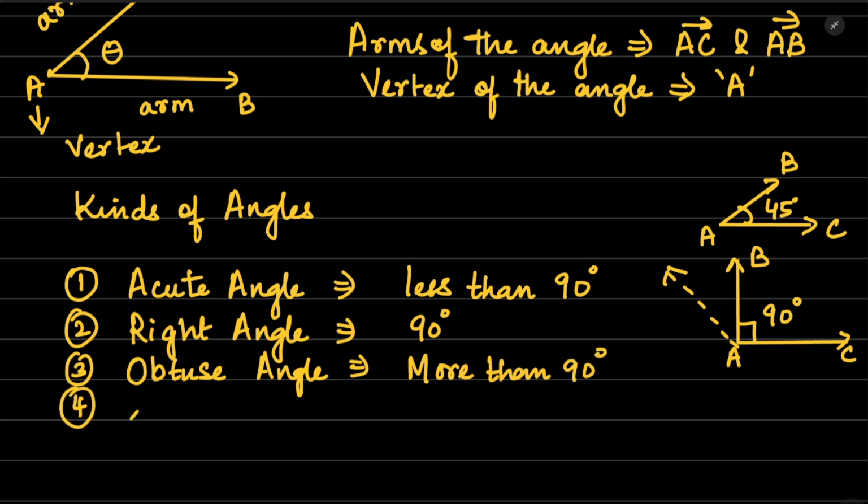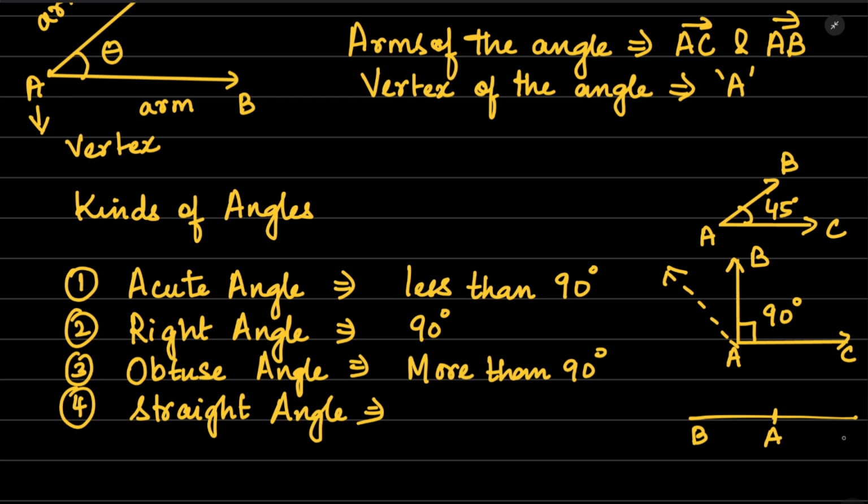The fourth one is the straight angle. What do you mean by straight angle? Suppose you have a line with A, B and C. This angle is completely 180 degrees and it's called a straight angle.